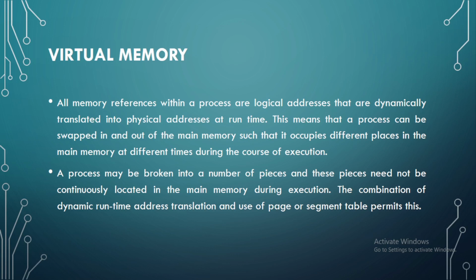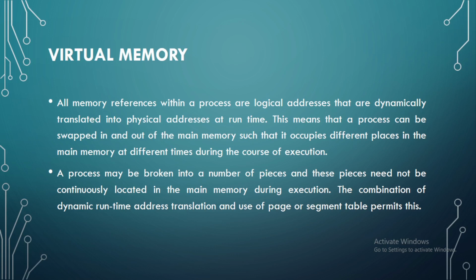This means that a process can be swapped in and out of the main memory such that it occupies different places in the main memory at different times during the course of execution. A process may be broken into a number of pieces, and these pieces need not be contiguously located in the main memory during execution.